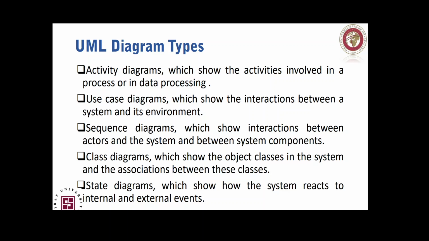We have many others, not just restricted to the ones that you see here: activity diagrams, use case, sequence, class, state diagrams. No, there are others. However, these are the main ones that we commonly have while developing software projects. You may have other subsidiary processes and diagrams in UML that you may need while modeling a project.